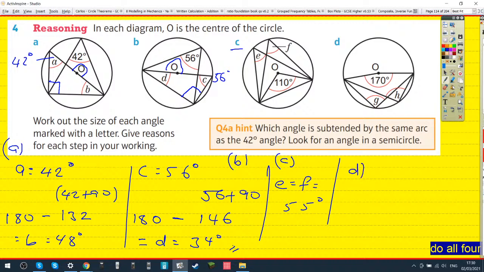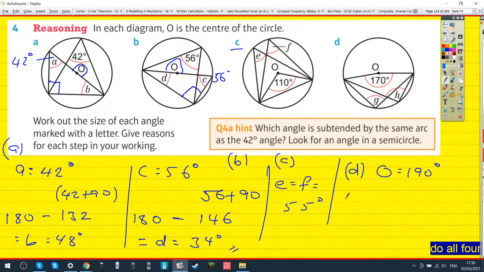And question D. So the size of the 170 is 190. Yep. 190. Half of 190 is 95.